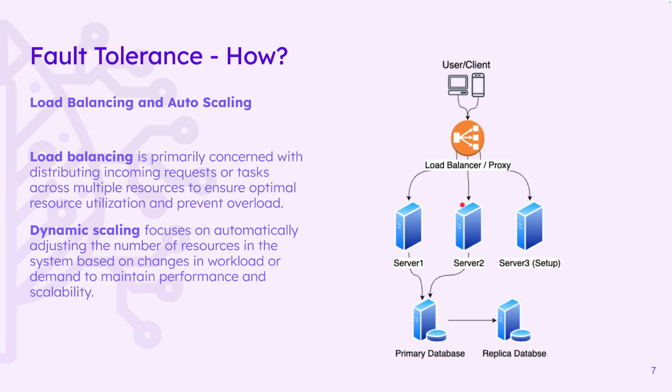If server 2 is down, I can still serve through server 1, and I can even distribute the load. If this one is serving 1 million clients and this one is serving 50,000, I can distribute the load so the server stays highly available, for example.